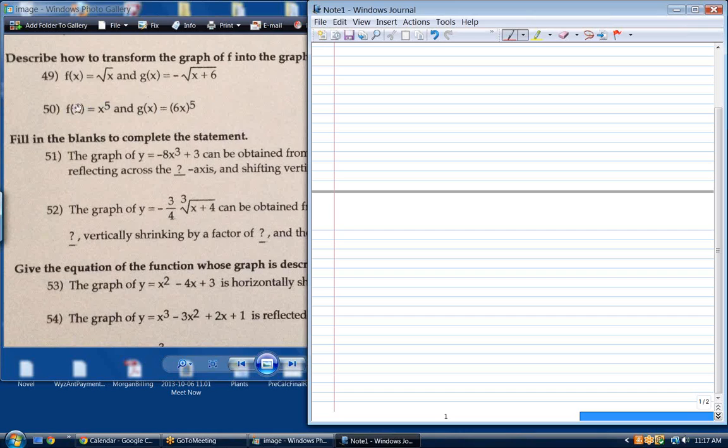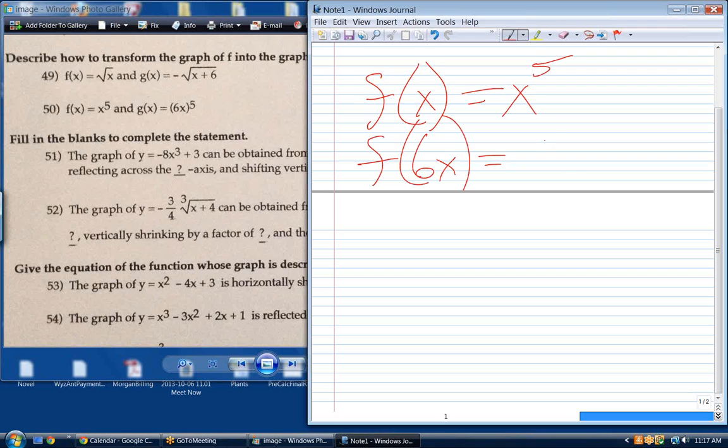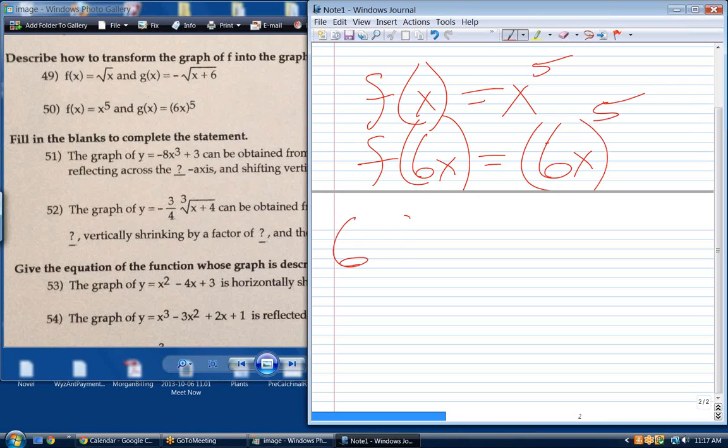So what is this? In other words, if f of x is equal to x to the fifth, what we're really doing is taking f of 6x, right? Well, notice that this 6 is inside the function.